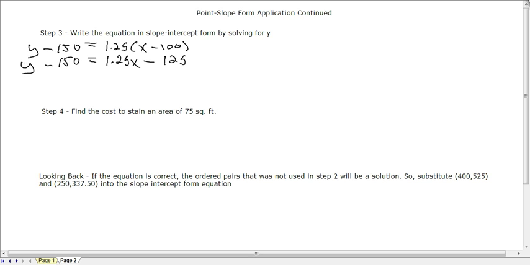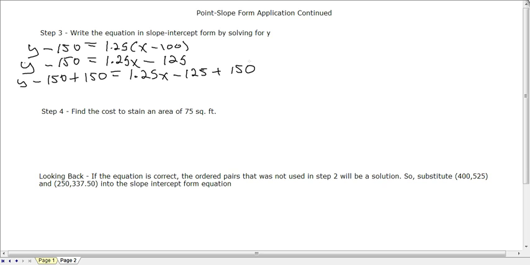So what we're going to do here is get y on the left side of the equal sign by itself. To do so, we see that it's being subtracted by 150. So let's add 150 to both sides. That's going to give us y minus 150 plus 150 is equal to 1.25x minus 125 plus 150.